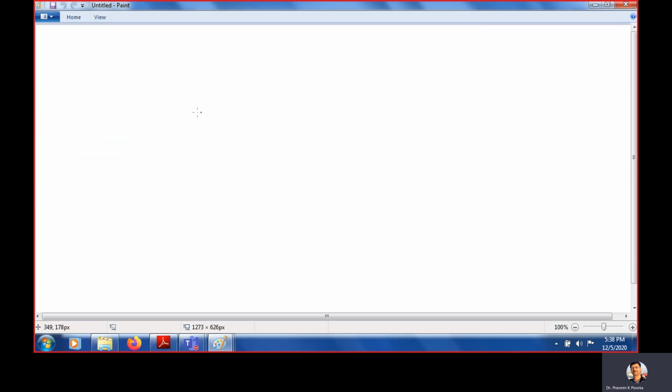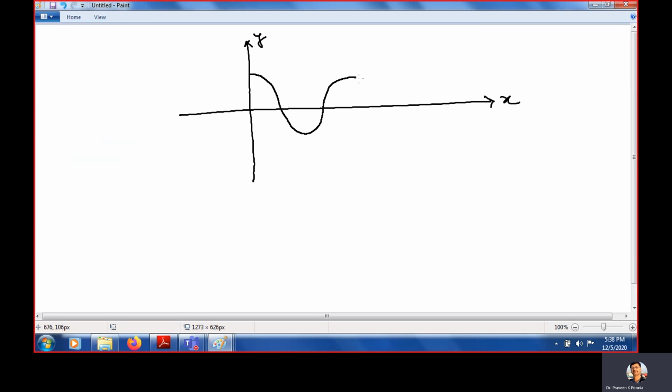So if I draw the graph of cosine x in a long interval, it will look like this, on the x y plane. So it will start here. Like this one. So if you see the previous graph, we drew up to this point. This is 2 pi. This is 4 pi. Clear?